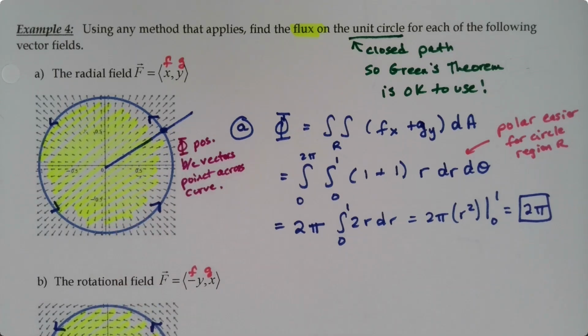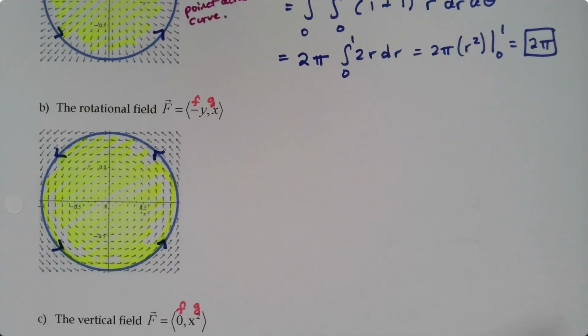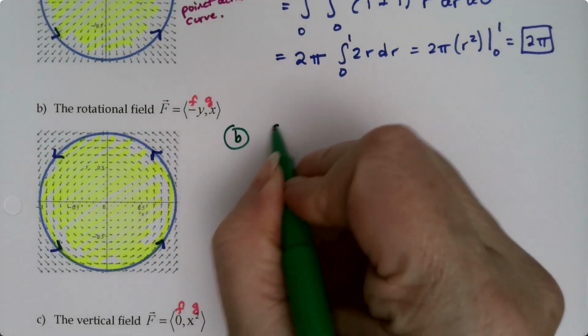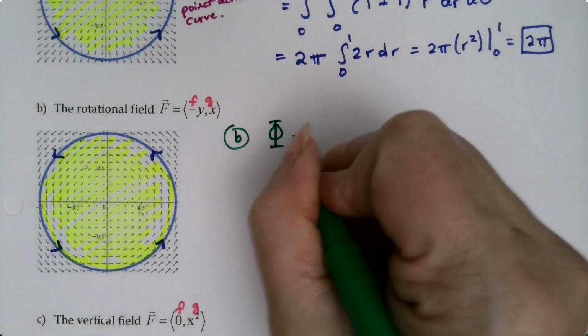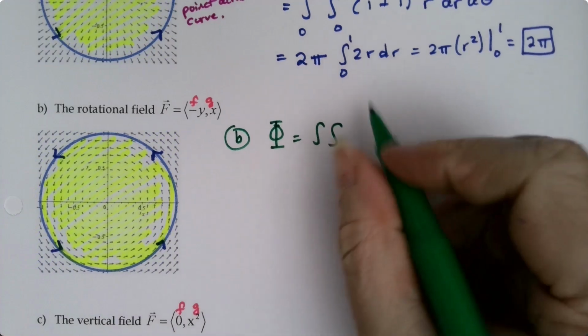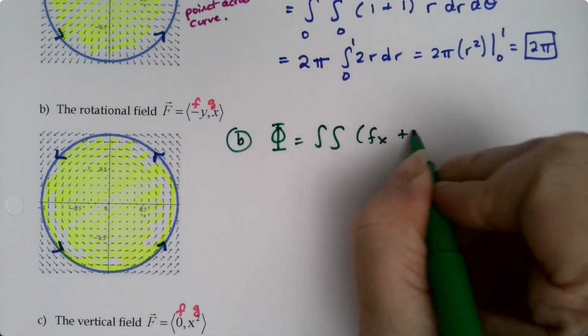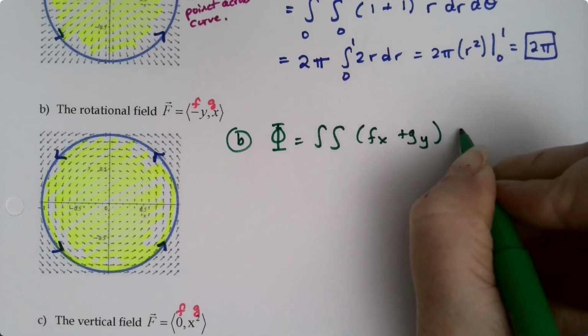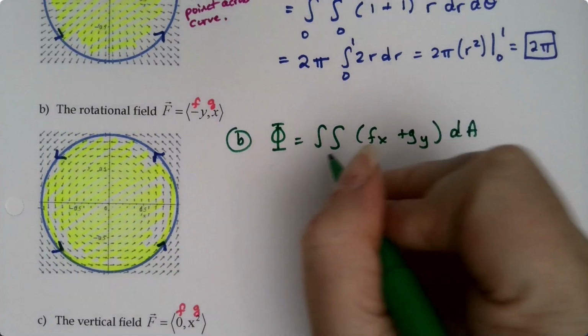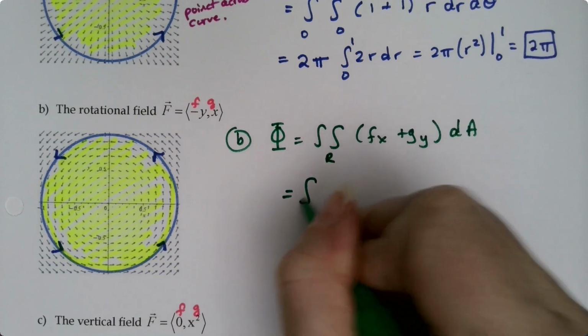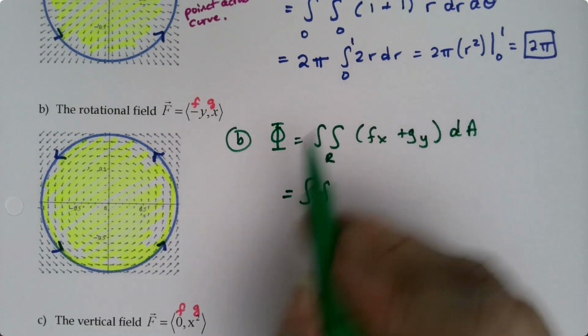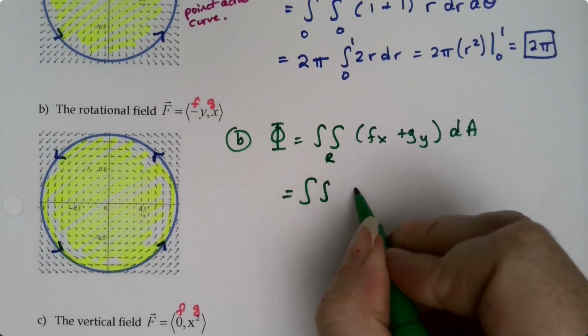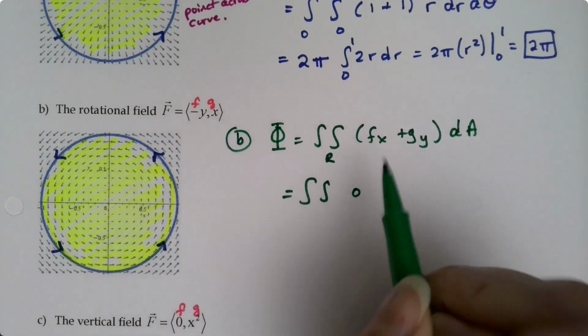Okay, now what about the rotational vector field? All right, so in this case, flux would be equal to the double integral of f_x plus g_y dA. I'm just writing Green's theorem again. Okay, so that would be the double integral of f_x is 0 and g_y is 0.